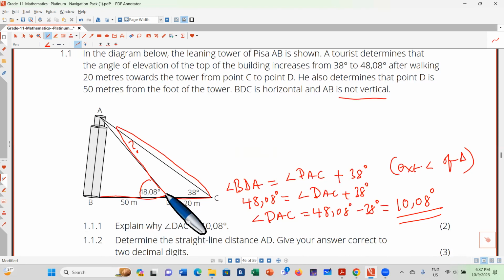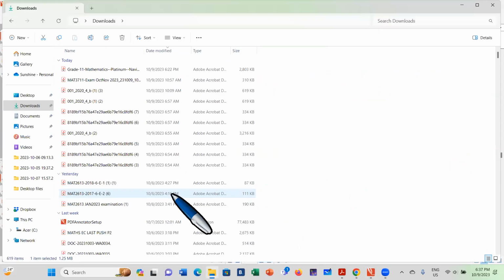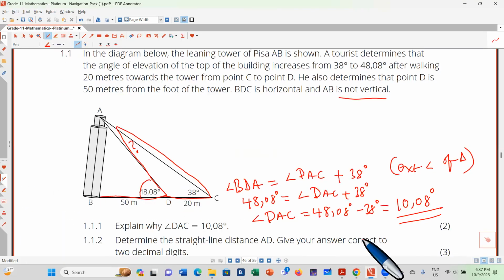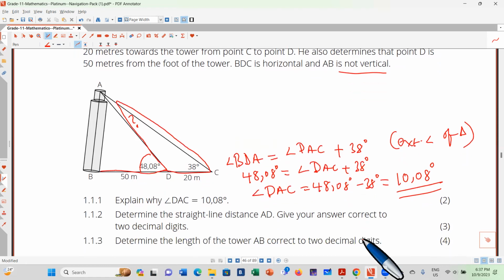Right, AD. Because it's 3 marks, I'm giving you like 3 minutes to try and see if we can determine the straight line distance, AD.